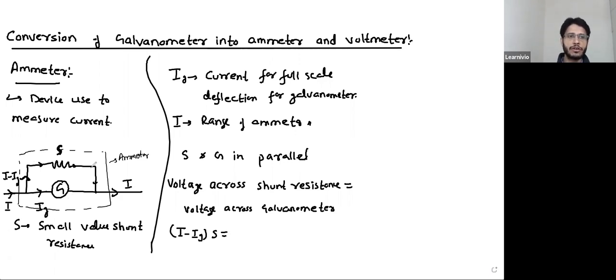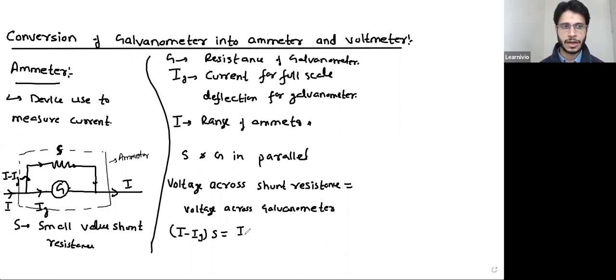The resistance of the galvanometer is G, not R. The current through the galvanometer is Ig. So the voltage is Ig into G.